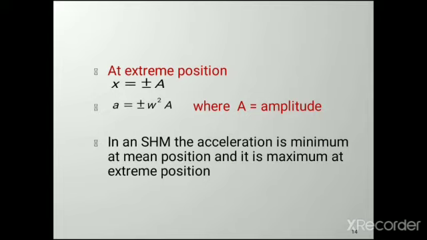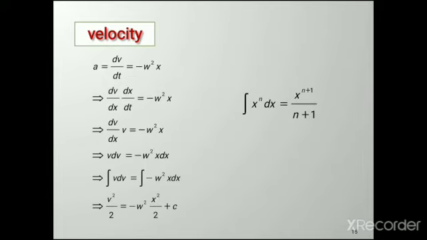Now let us calculate velocity. We know that acceleration is equal to dv by dt and this is equal to minus omega square x. Let us do some arrangement.